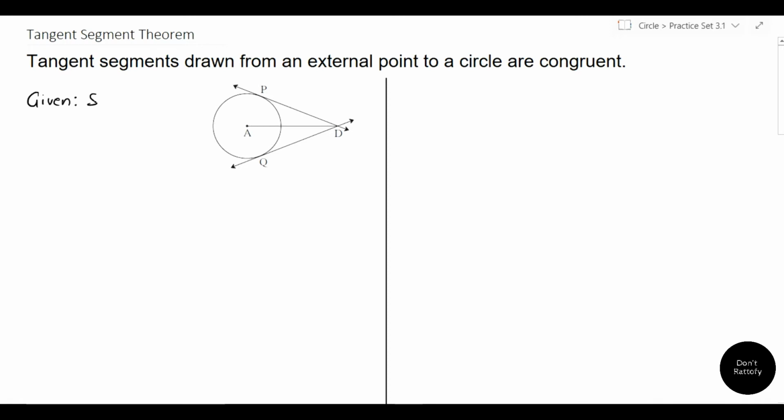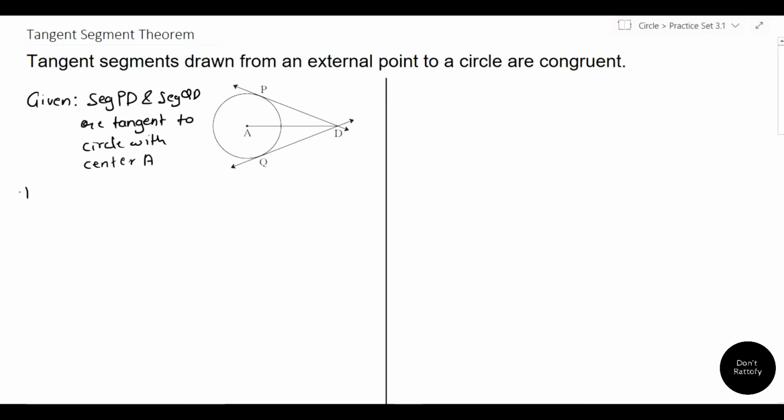We know that segment PD and segment QD are tangent to the circle with center A. This is the only given we have. We know that PD and QD are the two tangents and both are segments to the circle with center A.